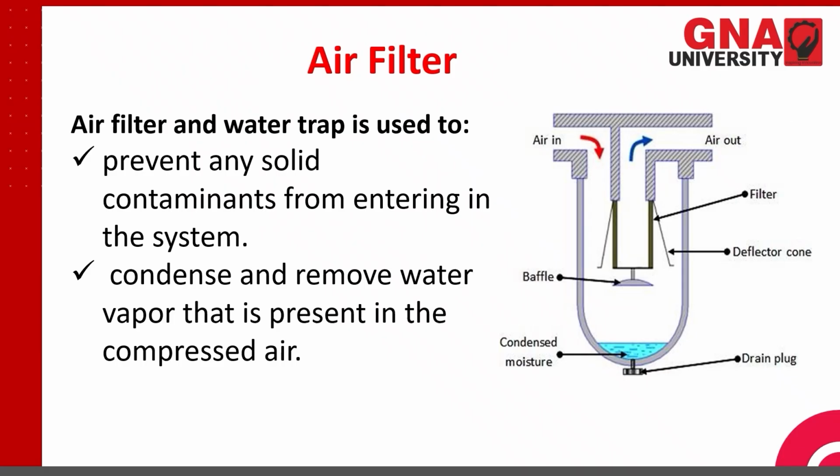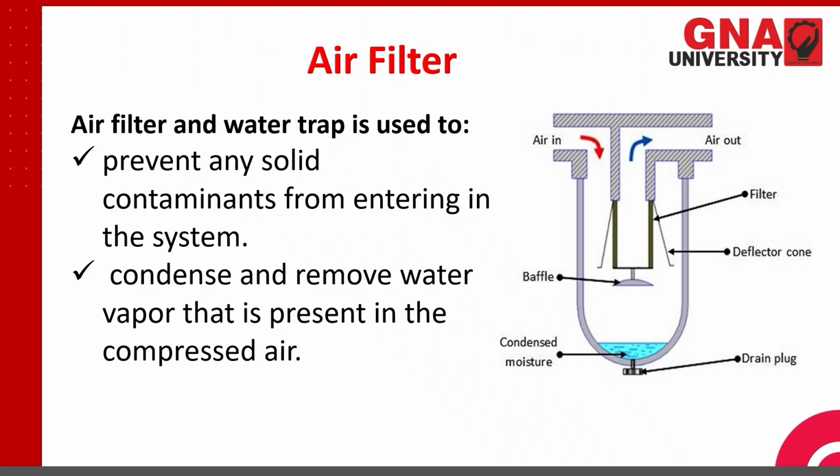So the air filter and water trap is used to prevent any solid contaminants from entering the system. We know that the air present in the environment always contains some dust particles, suspended particles are always there.